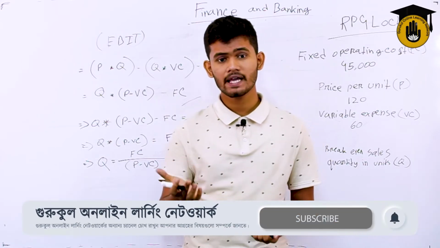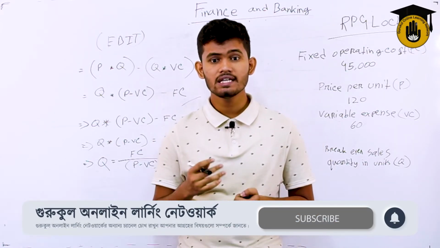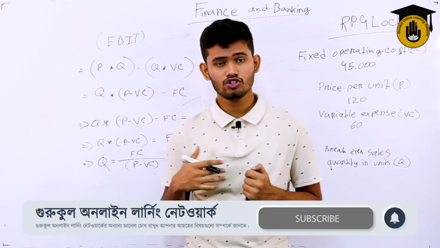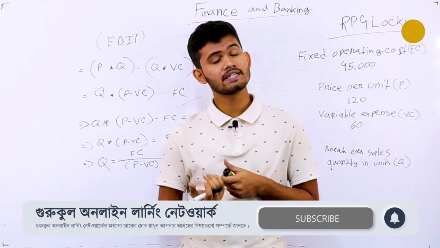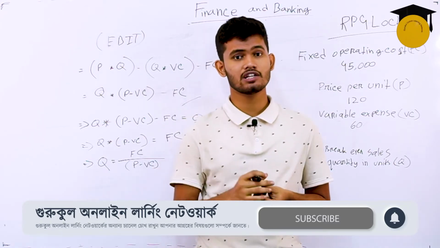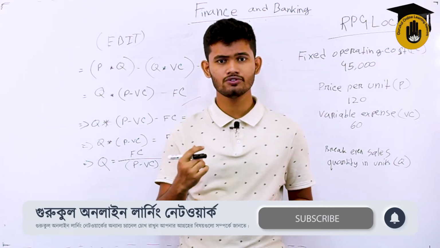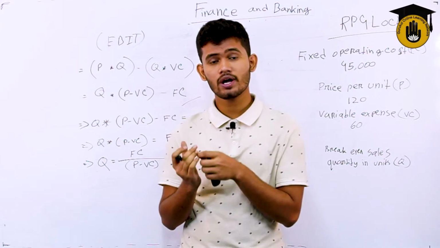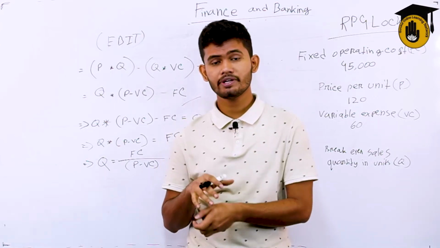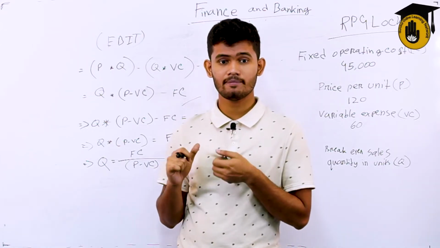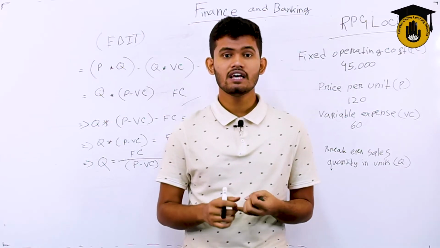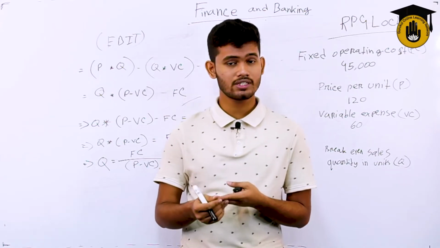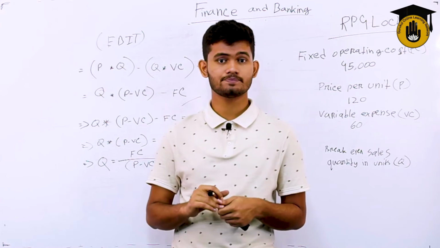Number 3, in multi-product companies, the sales mix is constant. Multi-product companies: suppose it's a niche company or a general company. A niche company sells only one kind of product. For example, Samsung TV: they sell only one brand of TV, which is Samsung. That's a different kind of company. But a mixed-product company sells Samsung, LG, Walton, whatever, so many kinds of TV brands.